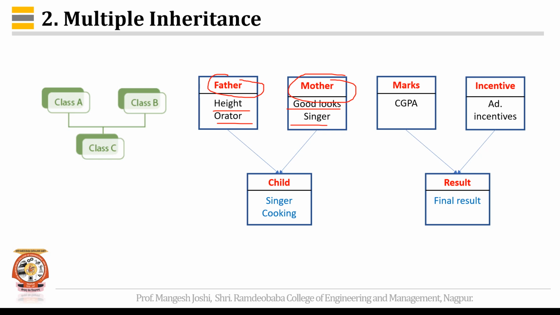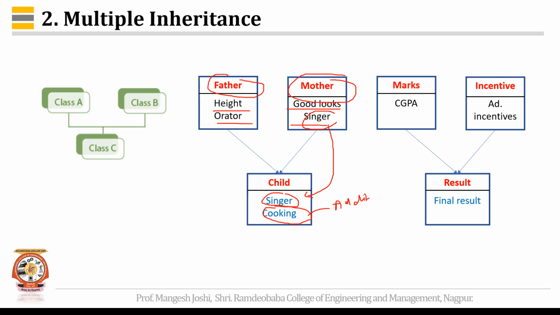So from these two base classes, the child has obtained these characteristics, singing and cooking. These are additional characteristics added to the child class. Singing is obtained from the mother, right? So that's why it is utilizing the concept of reusability.